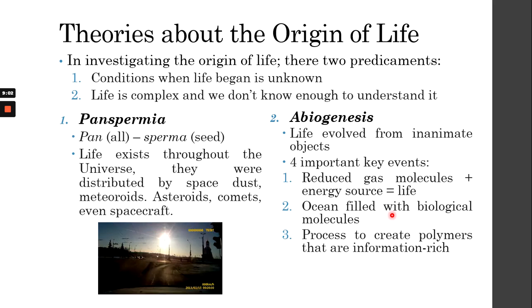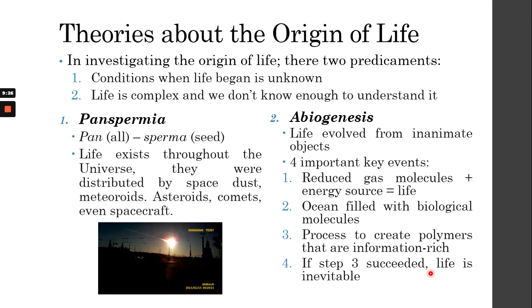Third is that because of the increase of biological molecules, we start to create more chemical reactions that eventually create these information-rich polymers, or another term, RNAs and DNAs, etc. These important polymers, these proteins, these amino acids are essential in order for us to start life.